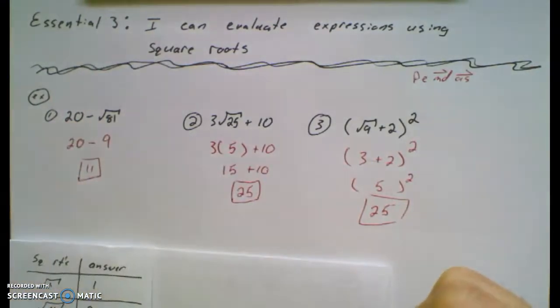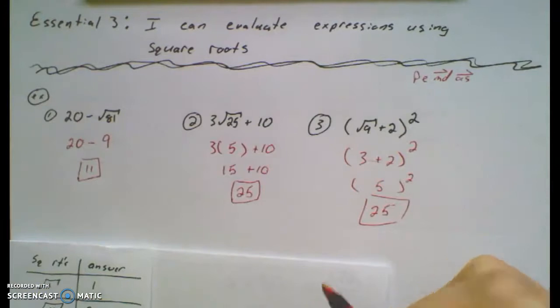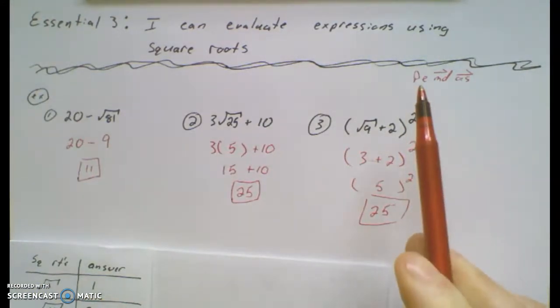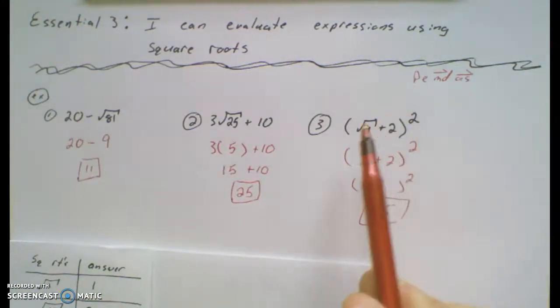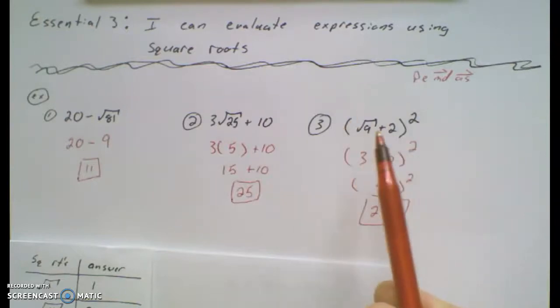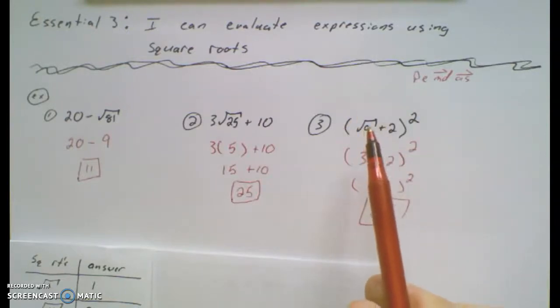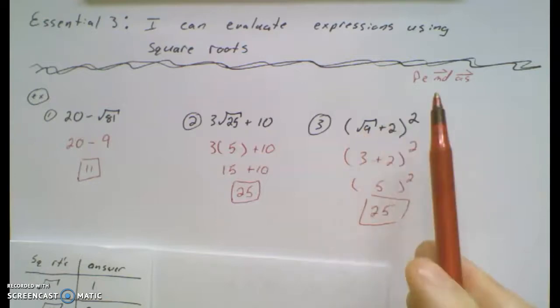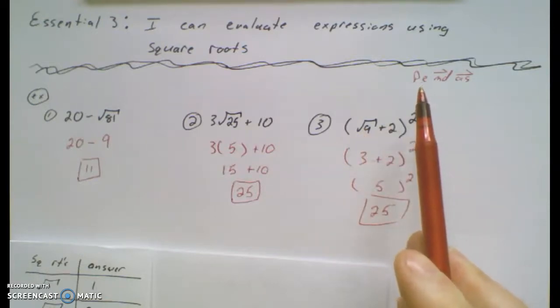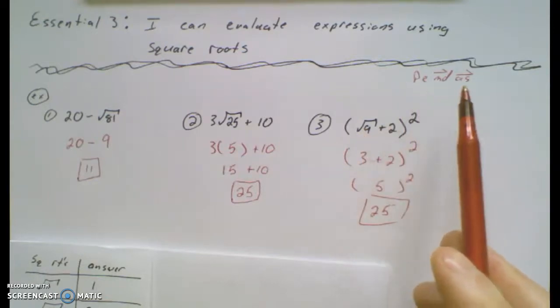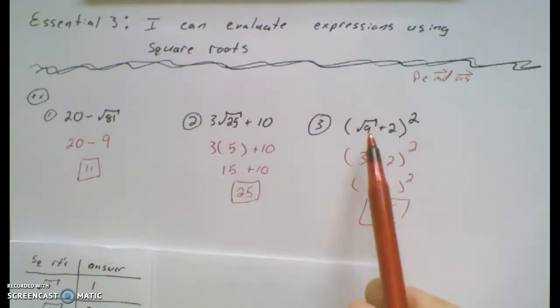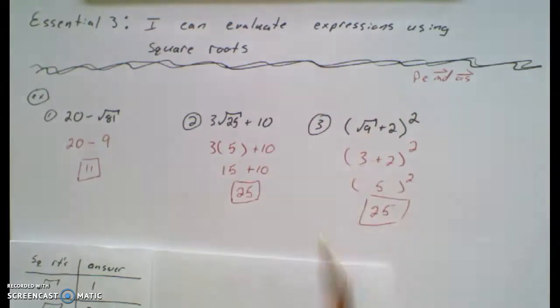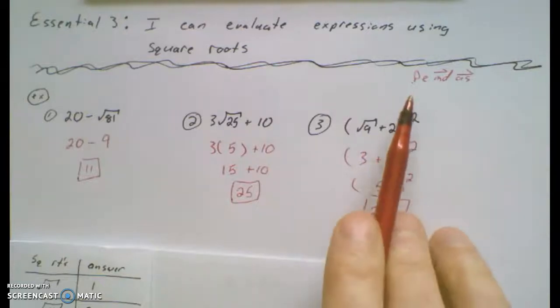Okay, so that's all we're doing in this. It's pretty straightforward. We're just following the order of operations to clean up some expressions. We're just having to recognize that square roots are on the exponent level. So as we're coming through doing our order of operations, which we have done a bunch of times now, we're just including these square roots at the exponent level.